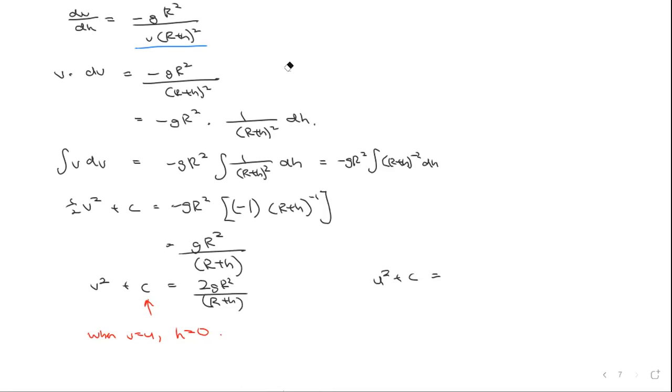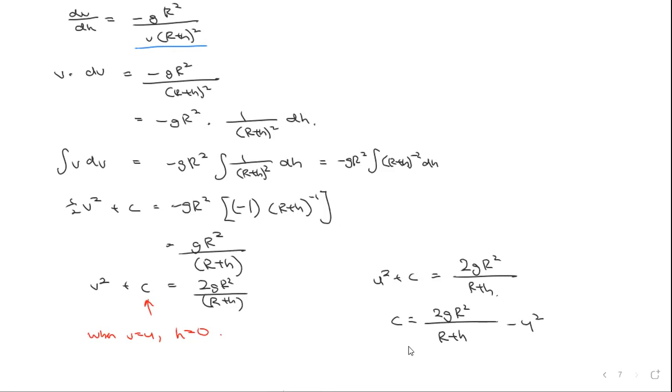So my u squared plus c is going to be 2gr squared over r plus h, which means my c is 2gr squared over r plus h minus u squared.